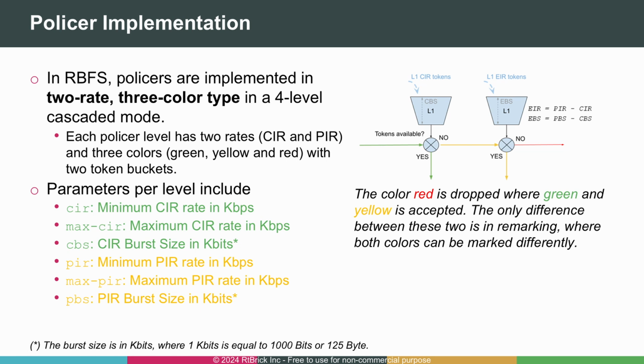If there aren't enough tokens, the packet is marked yellow and passed to the second bucket. The second bucket, which is filled at the peak information rate minus the CIR, can hold a maximum of PBS minus CBS tokens. If enough tokens are available in this bucket, the packet remains yellow and is forwarded. If there aren't enough tokens in the second bucket, the packet is marked red and dropped.